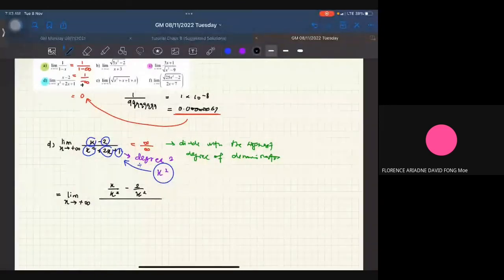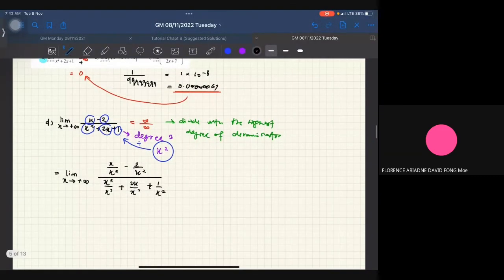Okay, lepas tu bahagi dengan denominator. So you have x squared divided by x squared plus 2x divided by x squared, and then plus 1 divided by x squared. Okay, settle dekat situ. Alright, so jom sambung lagi. Selagi awak belum hilang lagi x ni, selagi tu limit kena ada. So just copy back the limit. So we have limit x approaching to positive infinity.